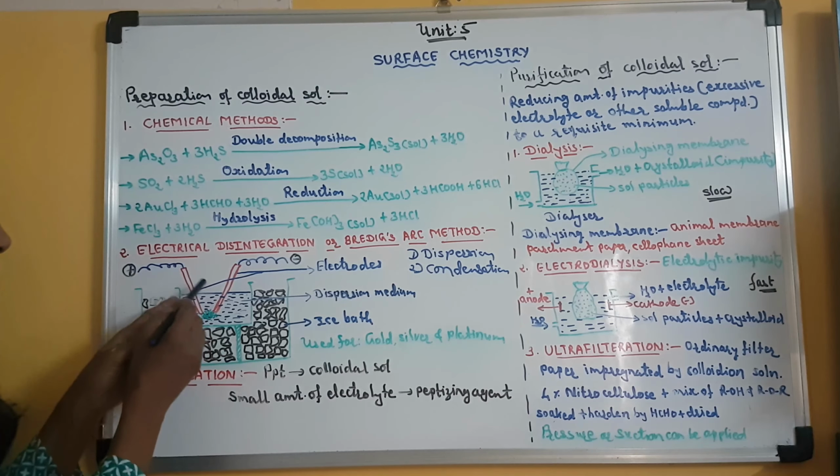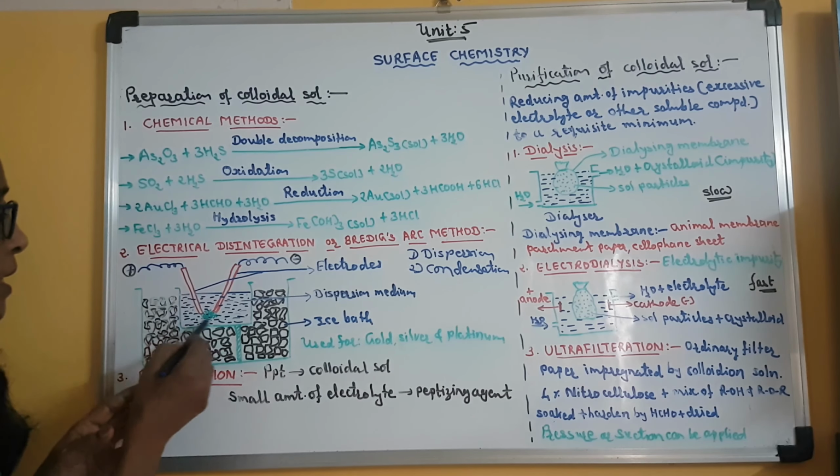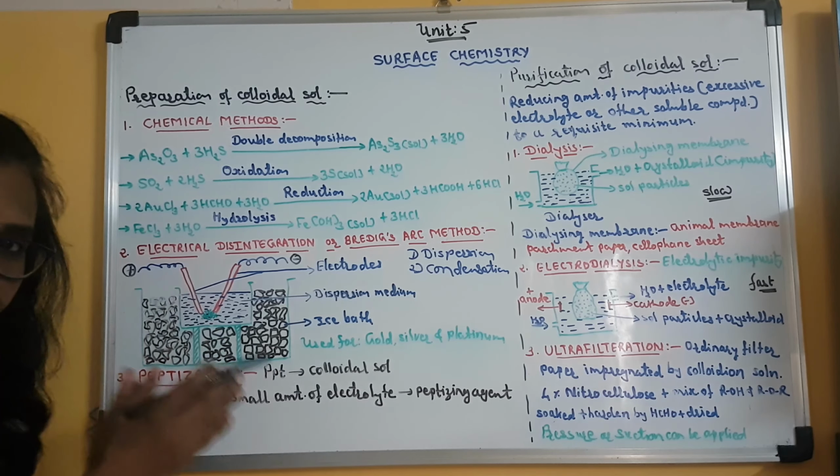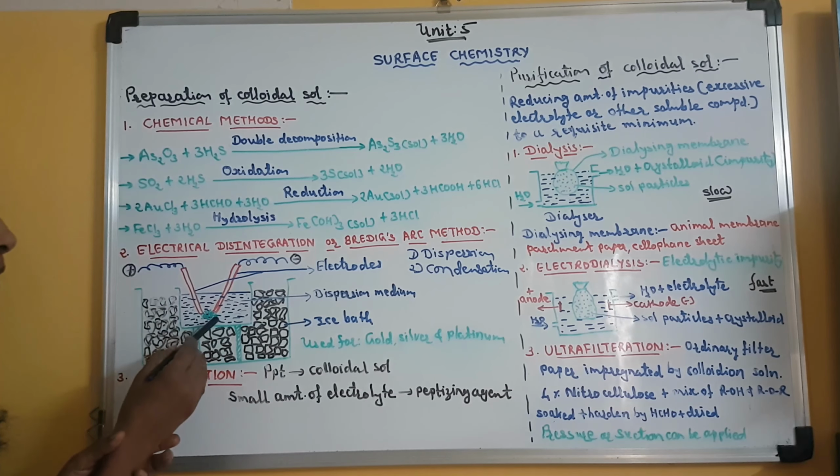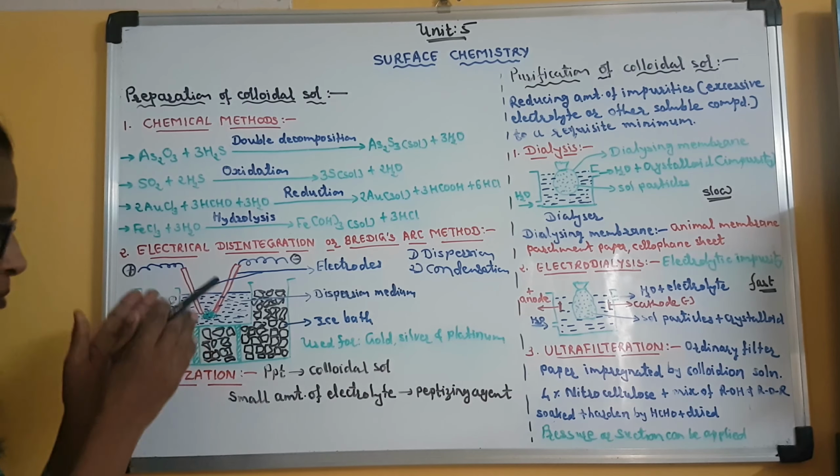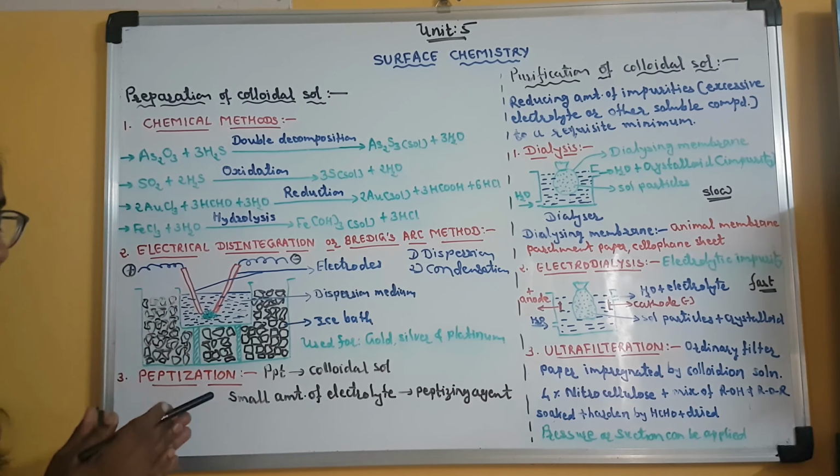But as these metal electrodes are dipped in the dispersion medium, the vapor formed from these metal electrodes will be condensed. Because you can see the outer container is called an ice bath. Here ice pieces are filled up.